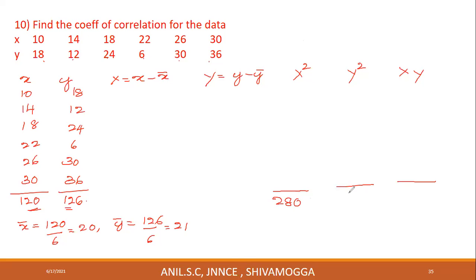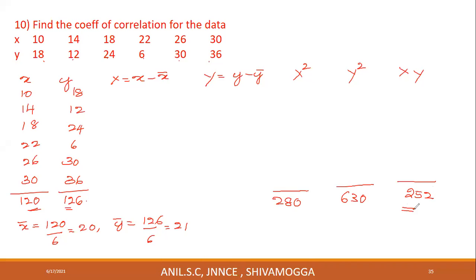Next is summation y square. 630, right? Summation xy. 252.